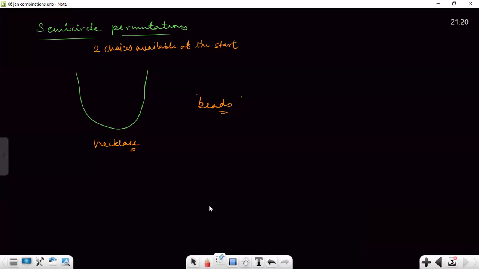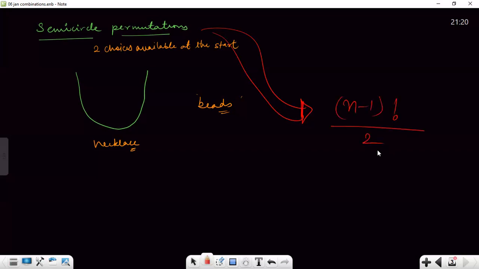So that is why the total number of permutations that can be made using n elements in a semicircle is simply n minus 1 factorial divided by 2, because we have the choice to go clockwise or counterclockwise.